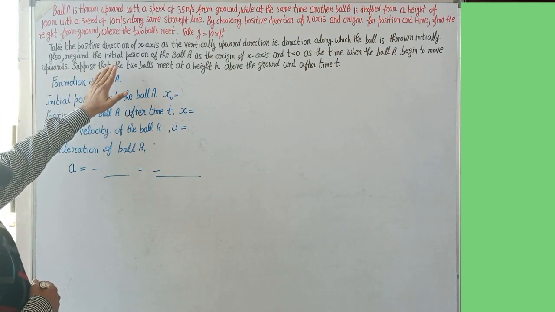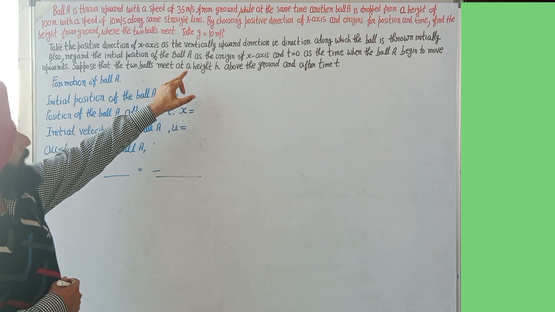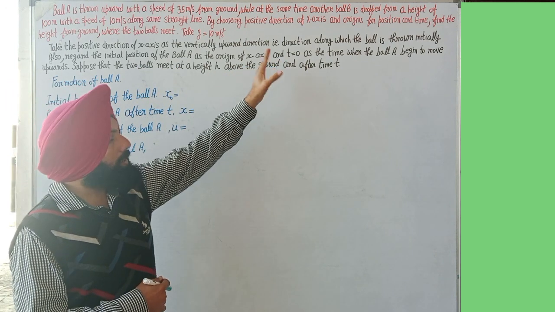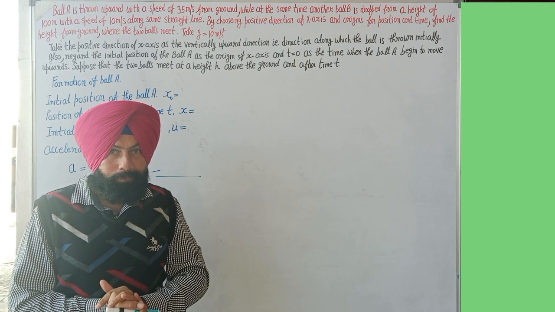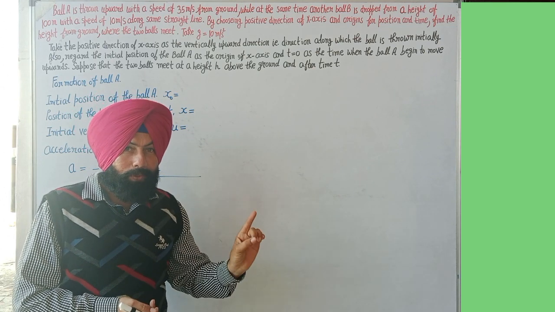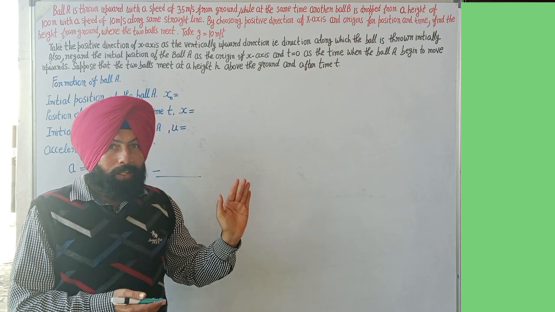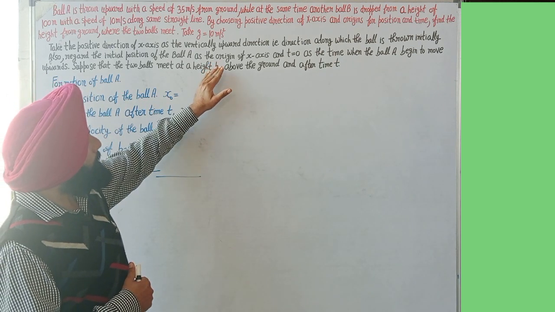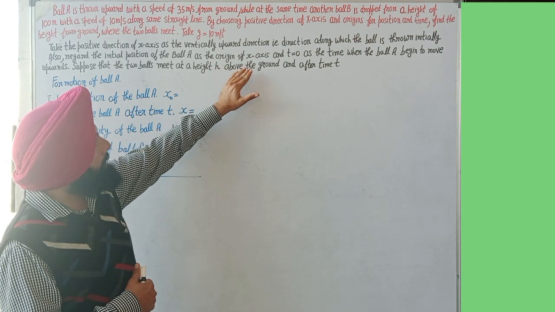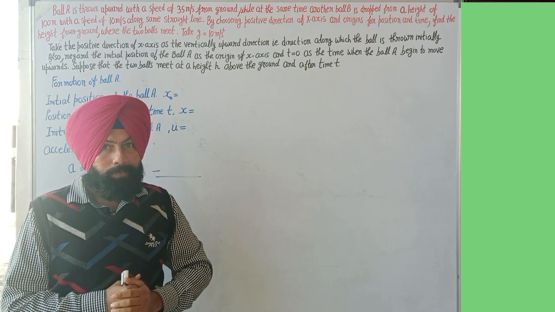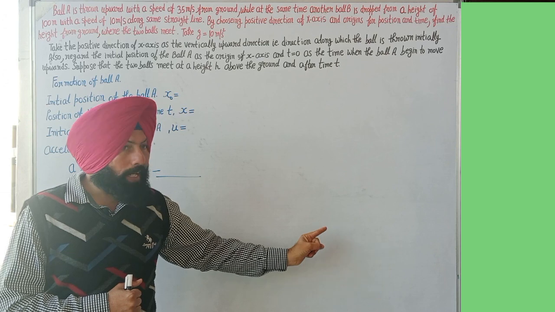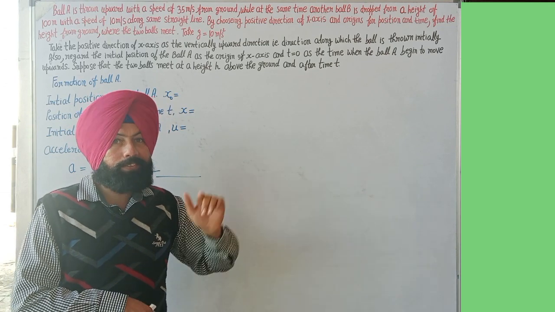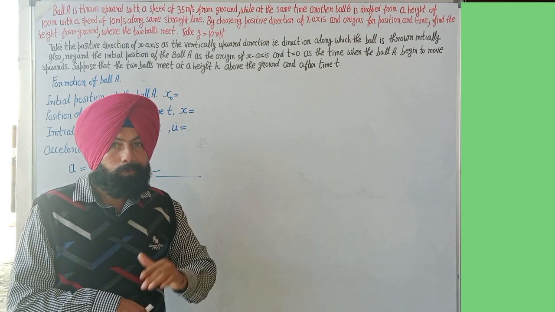Also regard the initial position of ball A as the origin of x-axis when the time is 0, means the ball is present at the origin of x-axis when the time was 0.